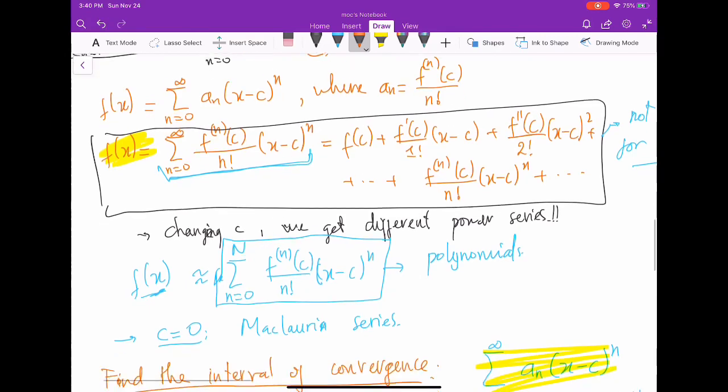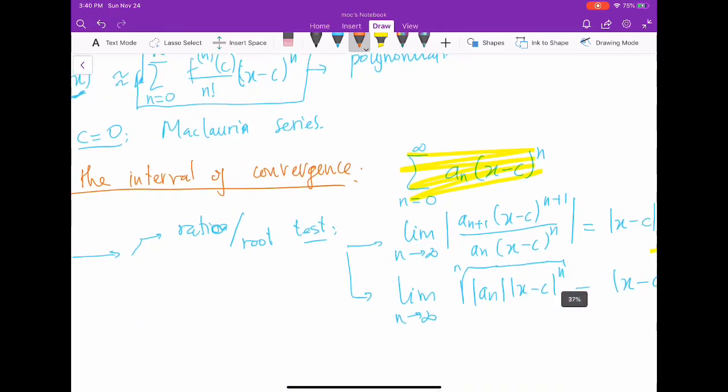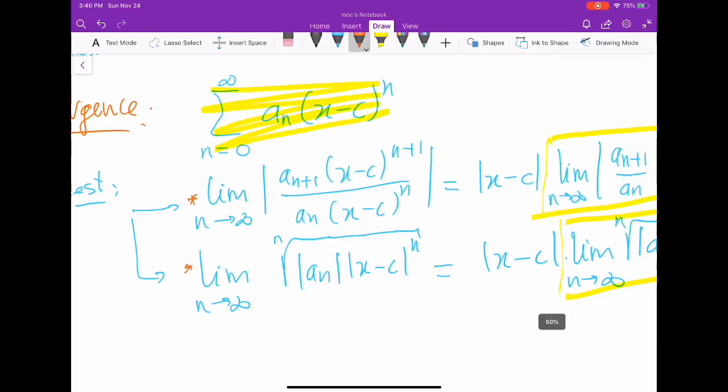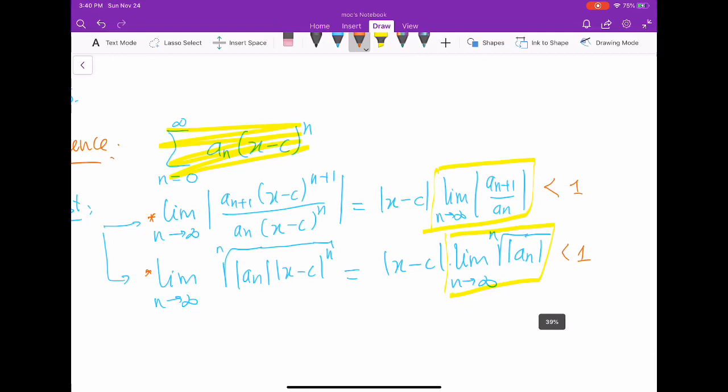So we want this power series to be correct. That means the whole thing, this limit and this limit, should be less than 1.